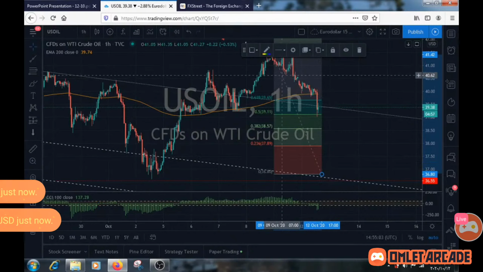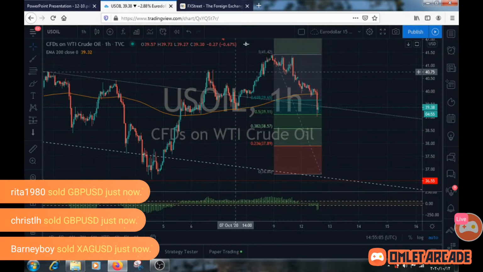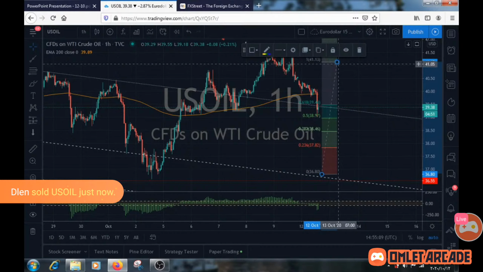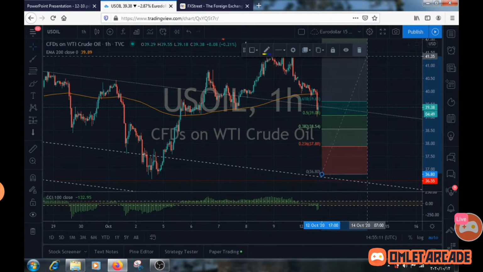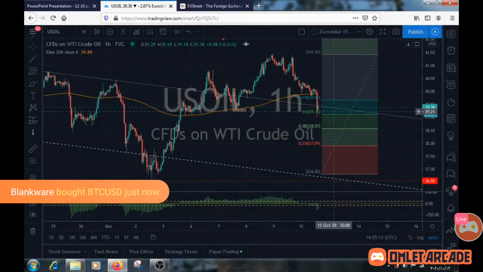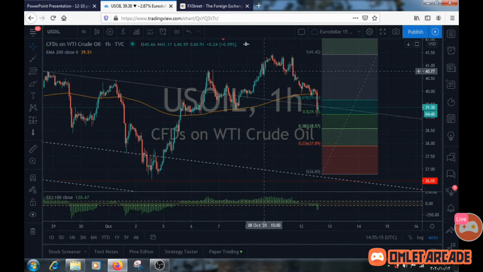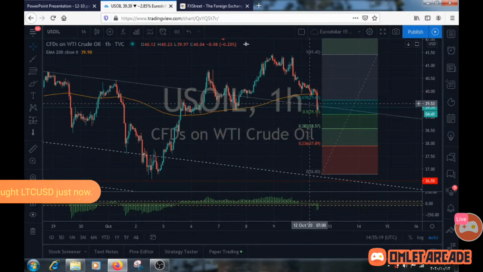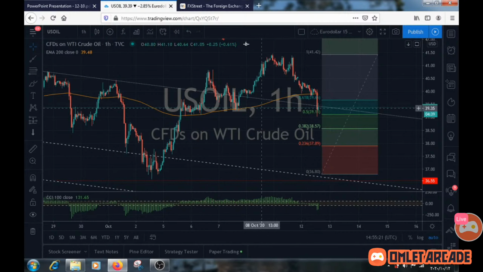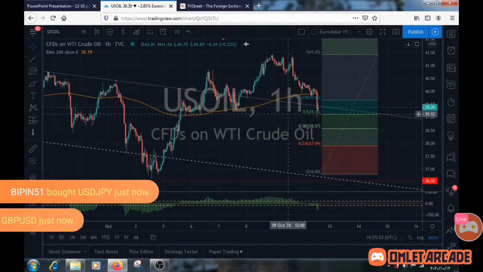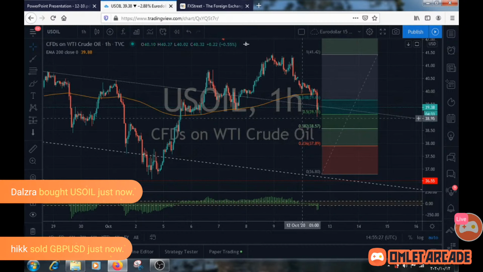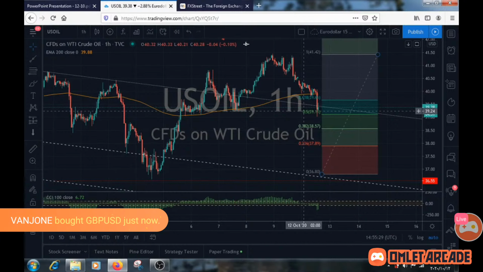Right, so we'll be going for that support wave. It's possible that this support wave is still working, so long as we're not closing below.